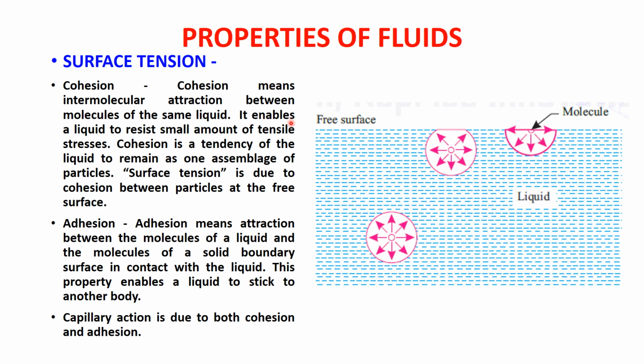It enables a liquid to resist small amounts of tensile stresses. Cohesion is a tendency of the liquid to remain as one assemblage of particles. Surface tension is due to cohesion between particles at the free surface. So here you will see that when a liquid molecule is inside the fluid, completely immersed, there are equal and opposite forces generated.